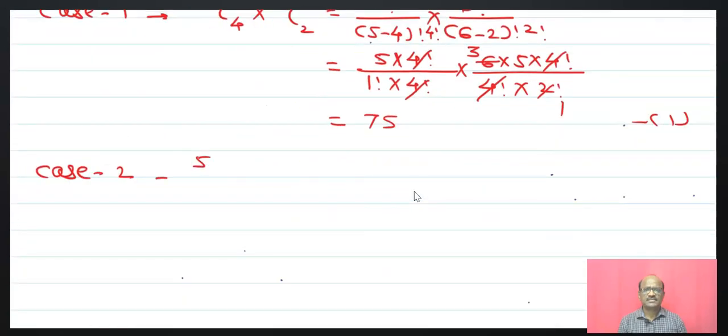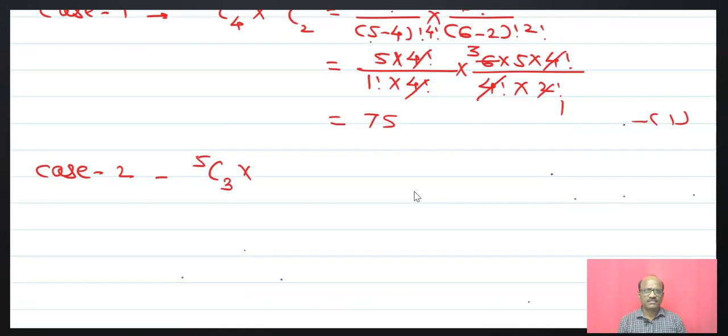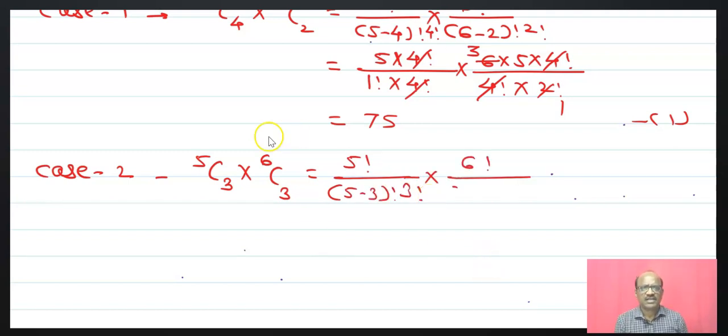Second, that is 5C3 and 6C3. That is, we will solve the 3 questions from each section. And now here see that 3 plus 3 is 6 questions he has to solve.